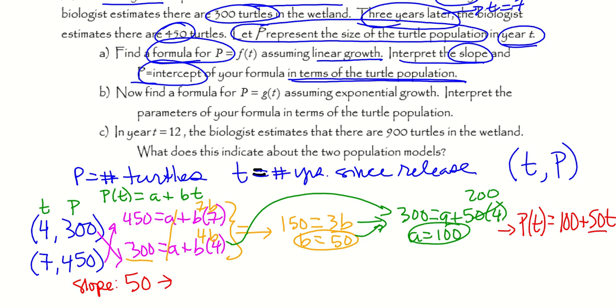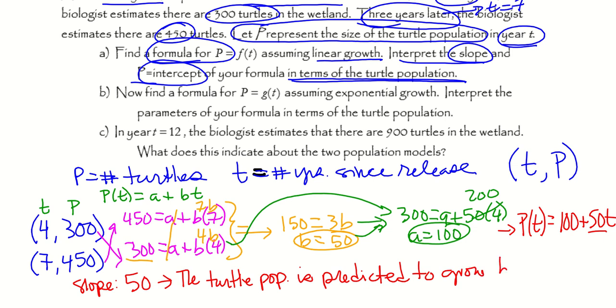We know that the turtle population is predicted, since a model is used for prediction, to grow by about 50 turtles each year. t was in years.